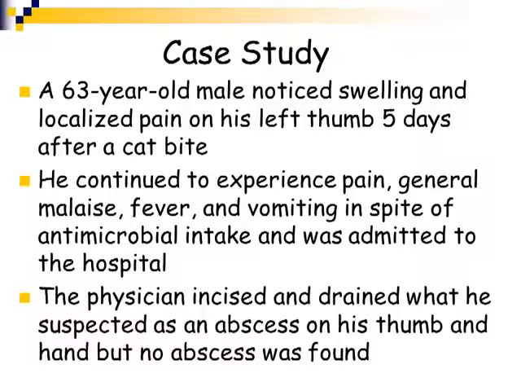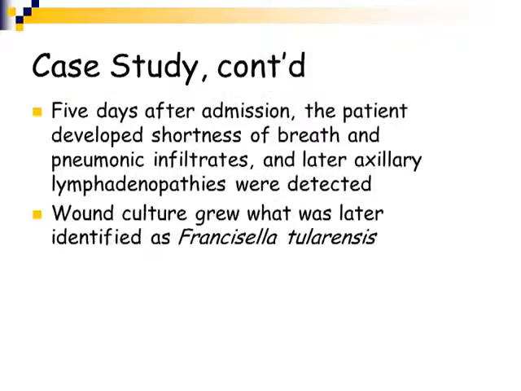However, no abscess was actually found. 5 days after admission, the patient developed shortness of breath, had pneumonic infiltrates, and later developed swollen lymph nodes. The wound culture that grew from that thumb infection was later identified as the organism Francisella tularensis.